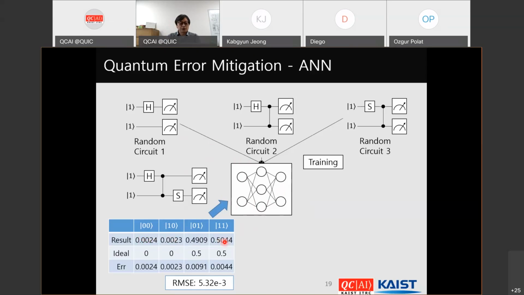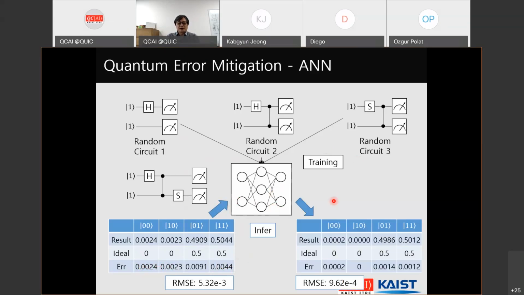And then we also estimate the correct answer state, and we can characterize the amount of error by comparing the ideal output and the output with error, right? In this way, we can define the amount of errors, and this amount of errors will be used to teach the learning circuit.